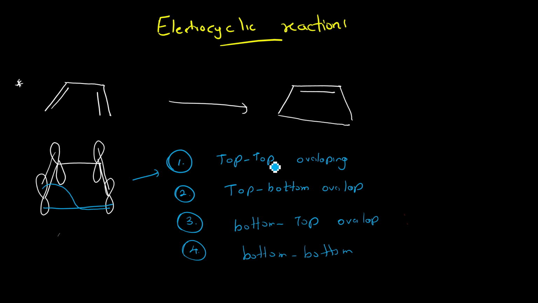Now let's look at each of these methods to see how we can arrange each of these ways into conrotatory or disrotatory. If I take the first method, which is the top, here you have the structure. These are the two orbitals which will play the crucial part.